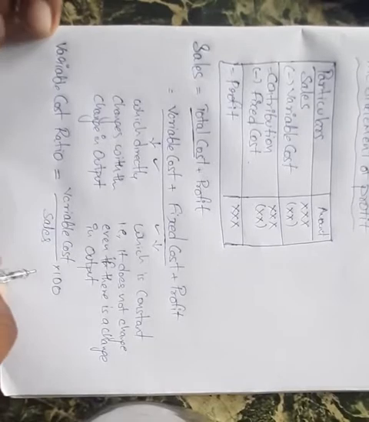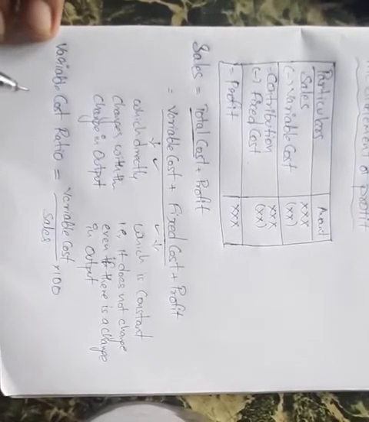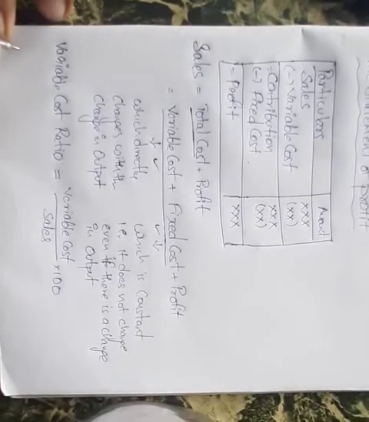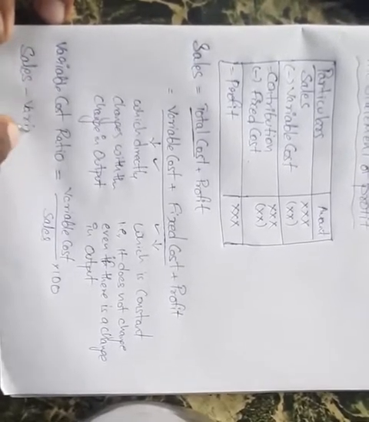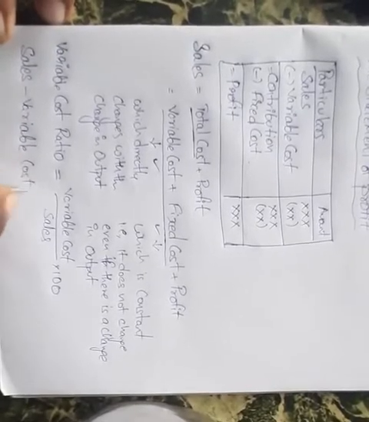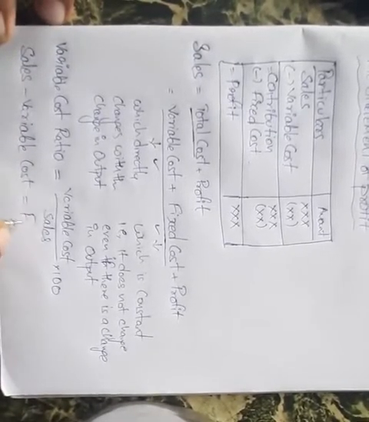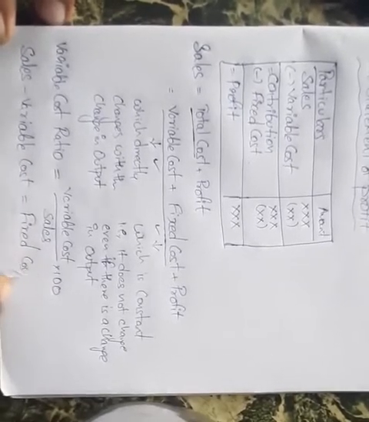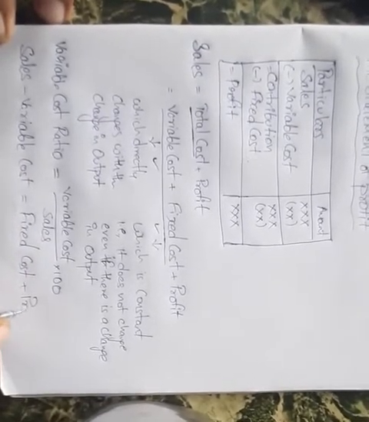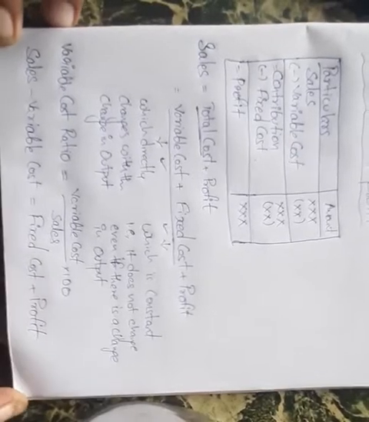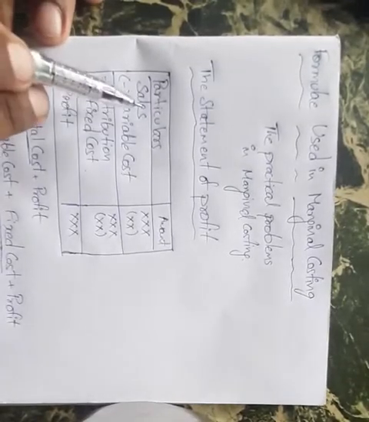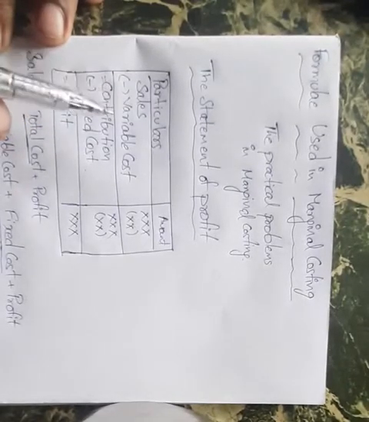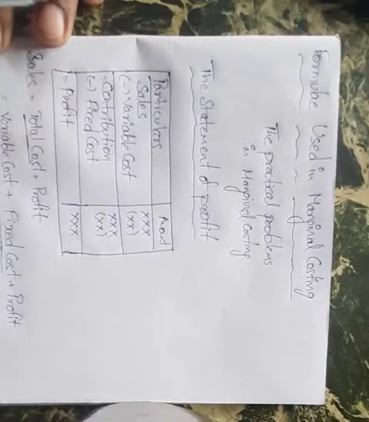Also in this connection, sales minus variable cost is equal to fixed cost plus profit. You observe here in the profit statement, sales minus variable cost is equal to fixed cost plus profit.